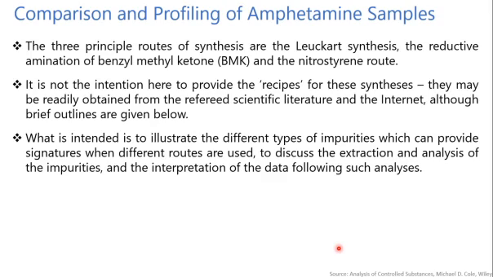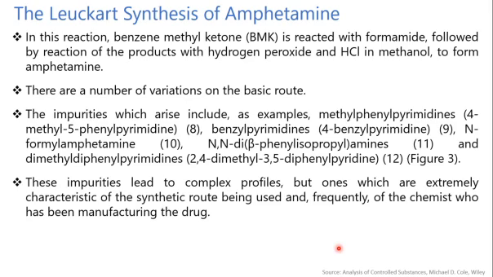What is intended here is to illustrate the different types of impurities which can provide signatures when different routes are employed, and to discuss the extraction and analysis of the impurities and the interpretation of the data following such analysis. The first one is the Leuckart synthesis of amphetamine.